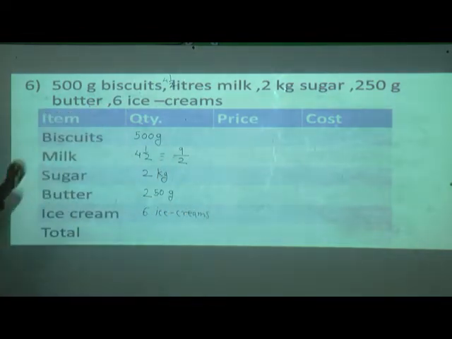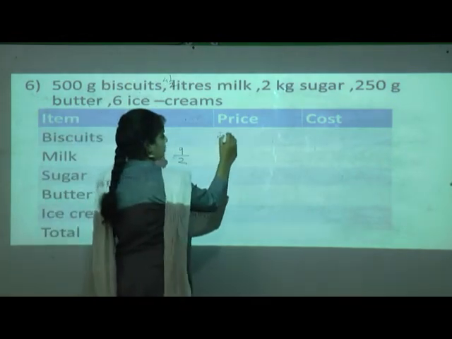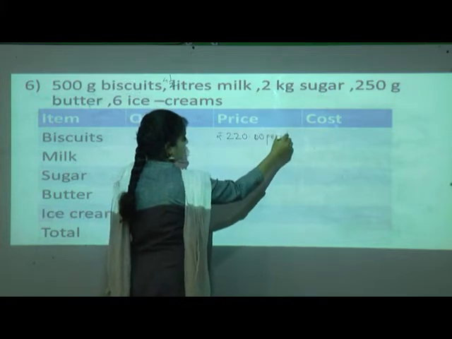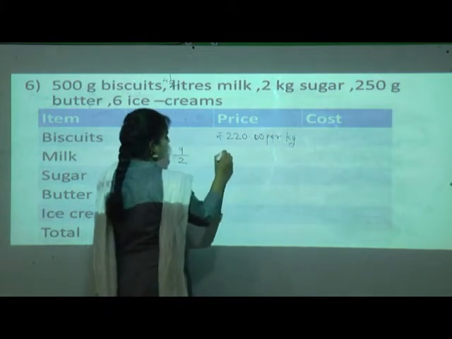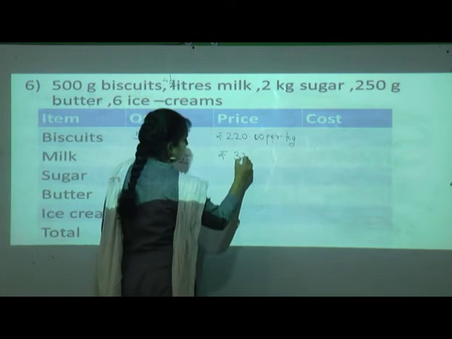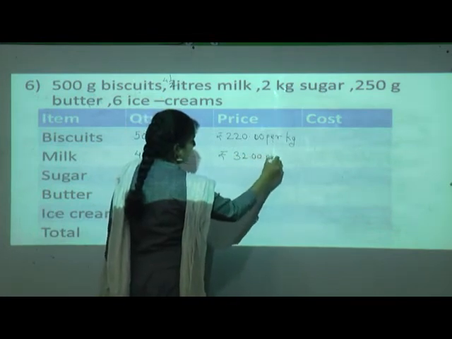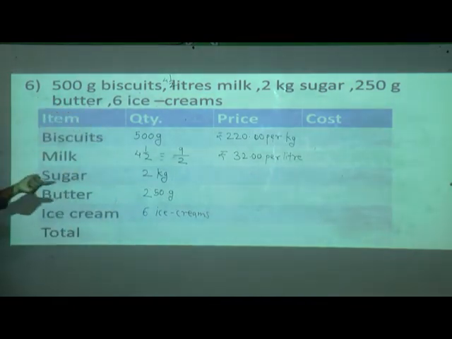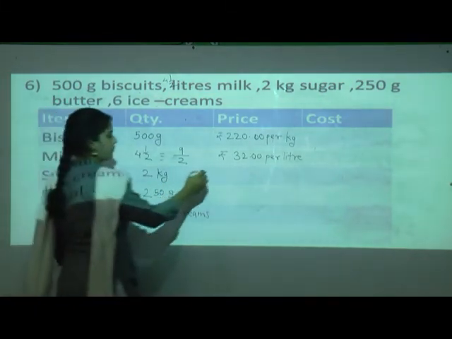Now price of a biscuit, yes, rupees 220 per kg. Again price of milk, rupees 32 per liter. And here price of sugar is rupees 30 per kg.